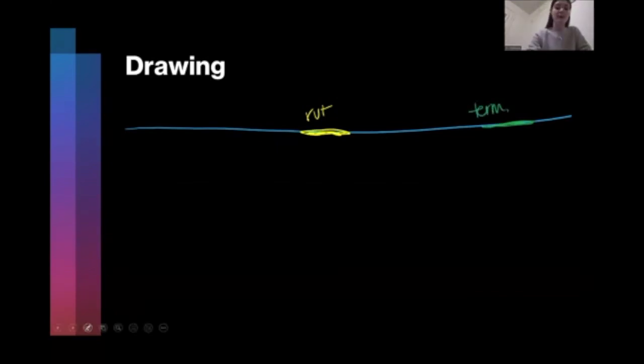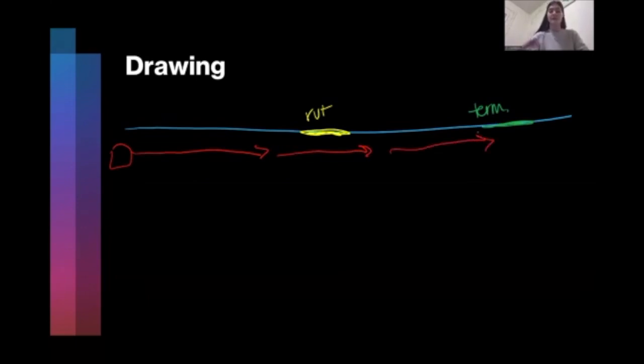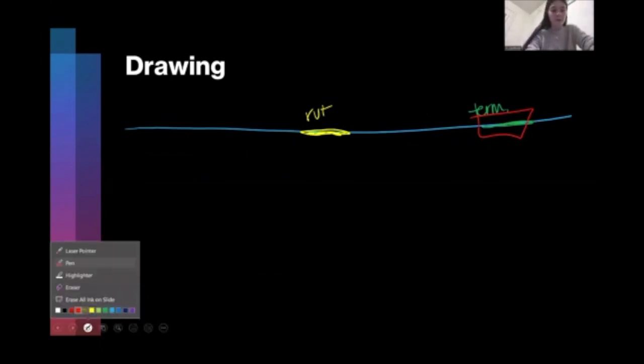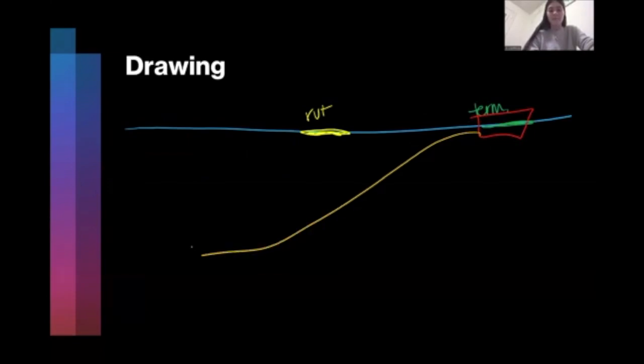So our RNA polymerase would be moving along. It did RUT, and now it's nearing the termination sequence. So I'm going to draw it all the way over here on our termination sequence with a string of mRNA coming out of it.